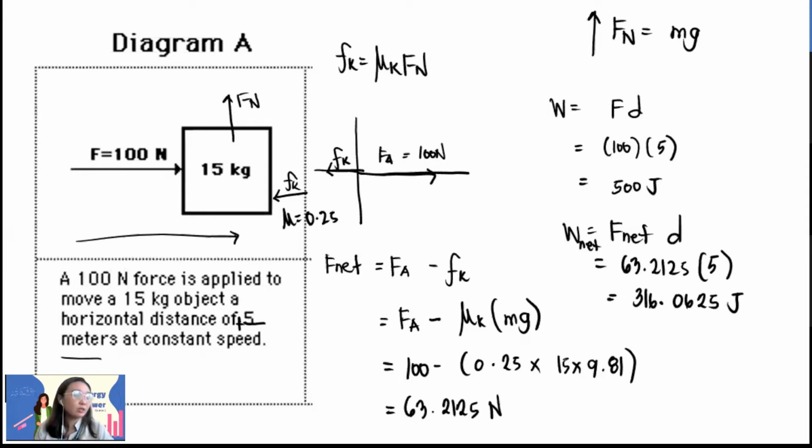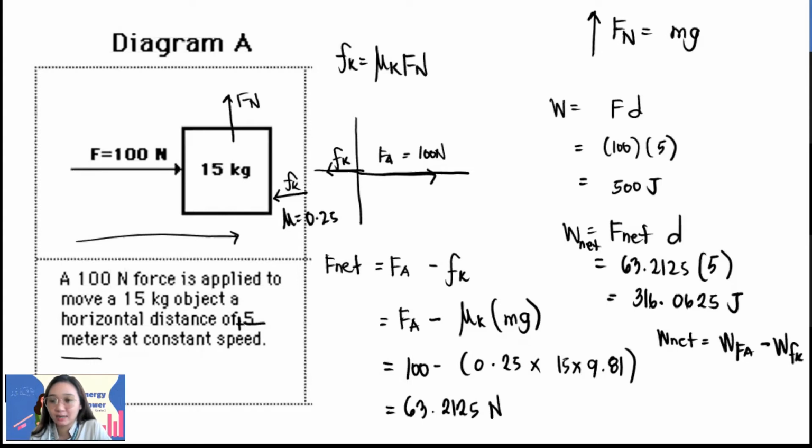Basta pagkakunwari 2 or more forces yung mag-a-act, kukunin mo muna yung net force, saka mo kukunin yung net work. So, meron pa isa pang way sa pag-calculate ng net work. Net work is also equal to the work done by the applied force minus the work done by the friction.